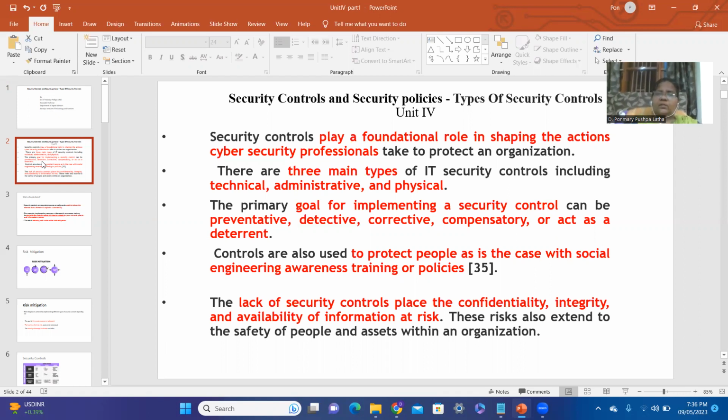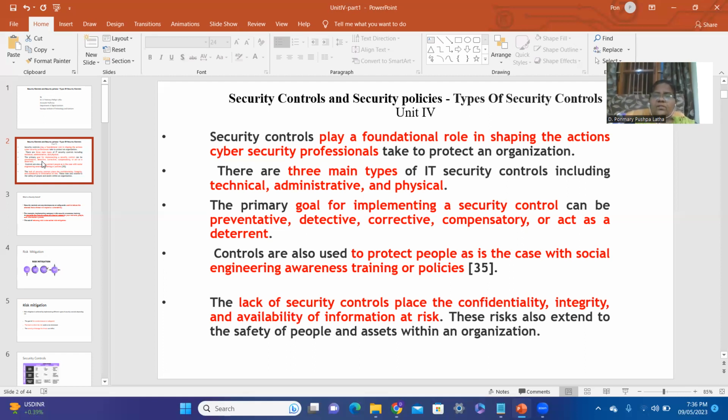So what are the goals of implementing a security control? The first is preventative: we have to prevent things. Then detective: whatever flaws are happening, we detect them and also correct them. If any compensatory actions are needed, we can take them. It also acts as a deterrent.